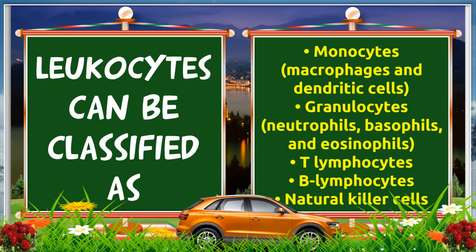Here we have the neutrophils, basophils, and eosinophils. The third group, the T lymphocytes. The fourth group, the B lymphocytes. And the fifth, the natural killer cells.